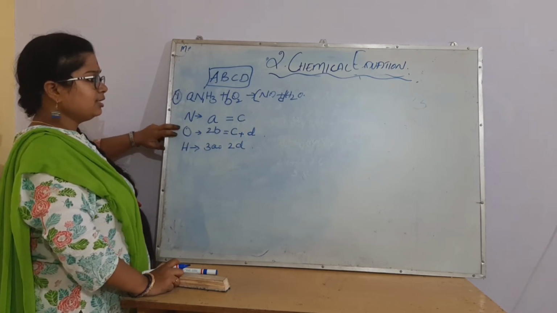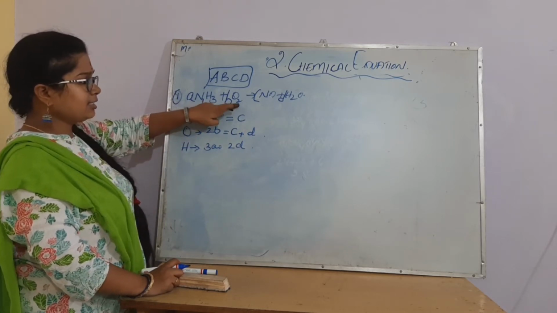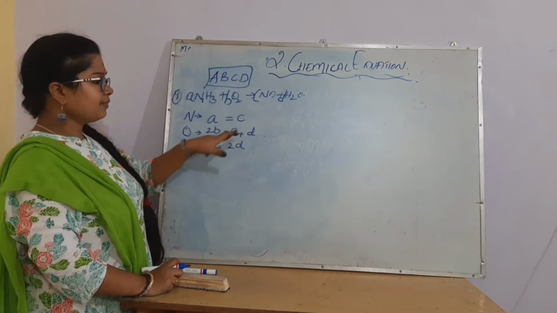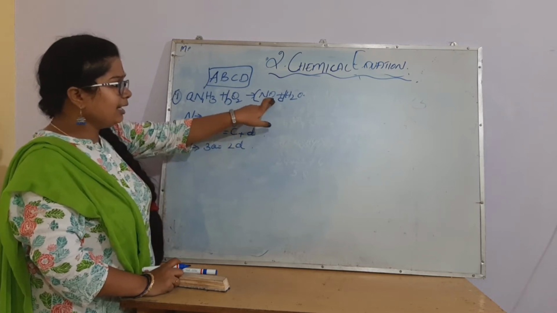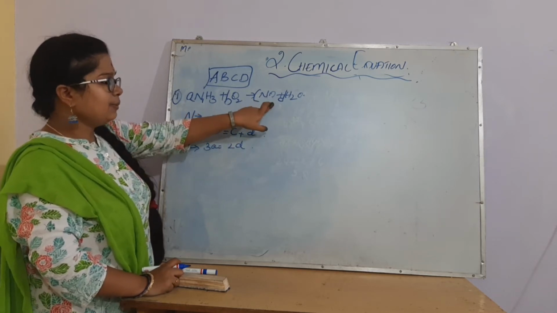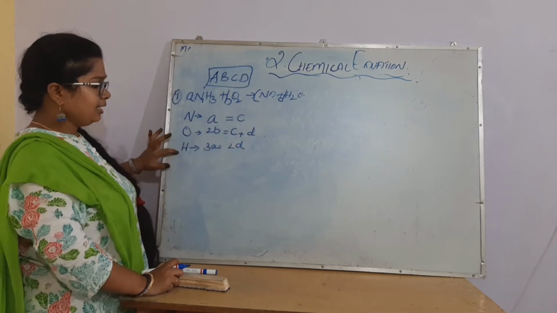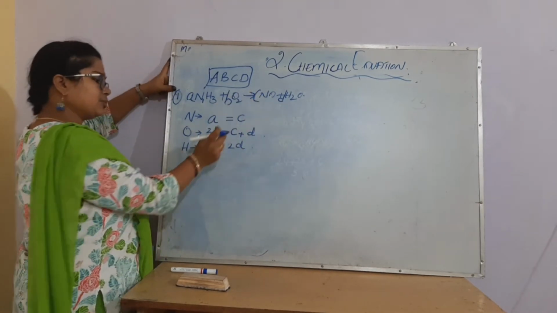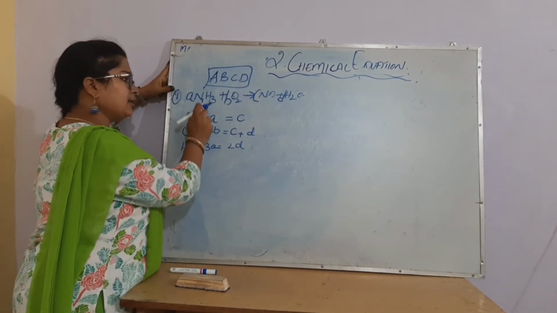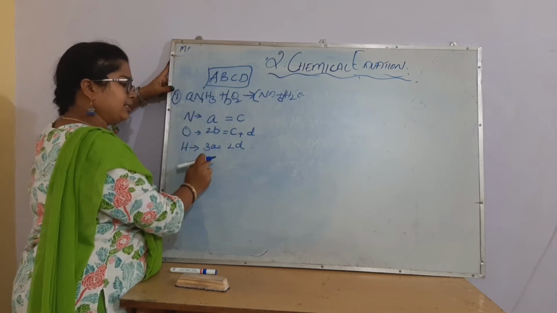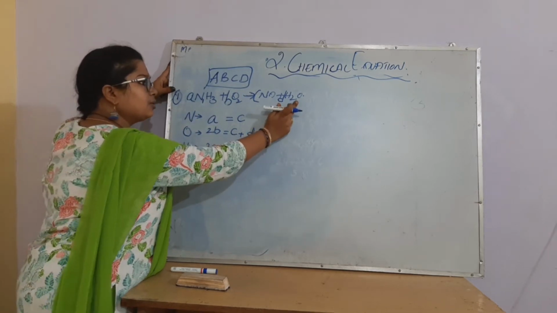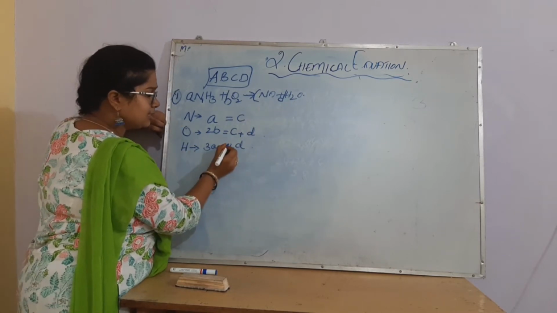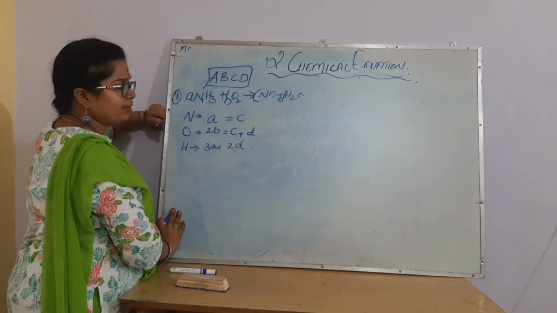Oxygen: 2 into B, 2B equals, on the right side, C plus D. Equal to is not needed in the middle; plus is there, it yields. Here hydrogens: 3 into A, 3A is equal to 2 into D. After writing this, one of the ABCD you are going to take as 1.